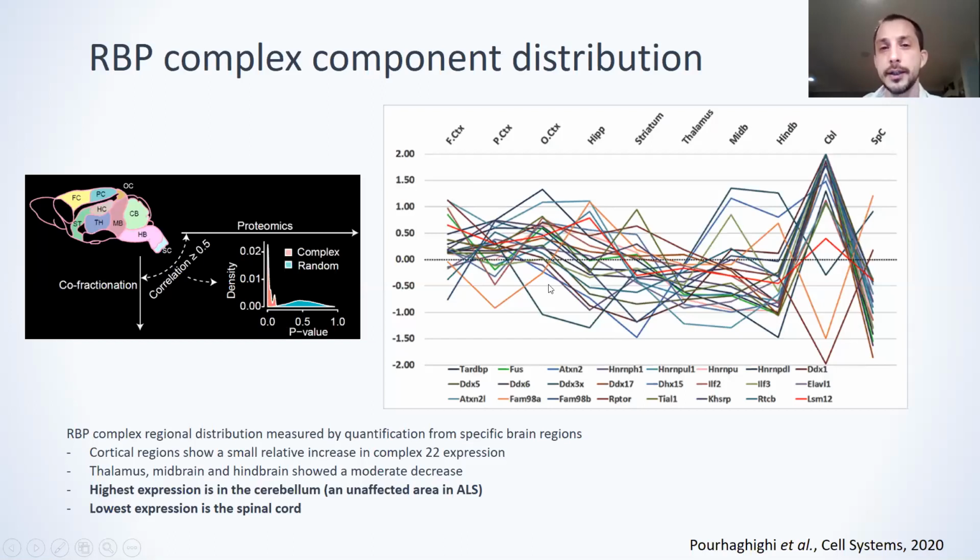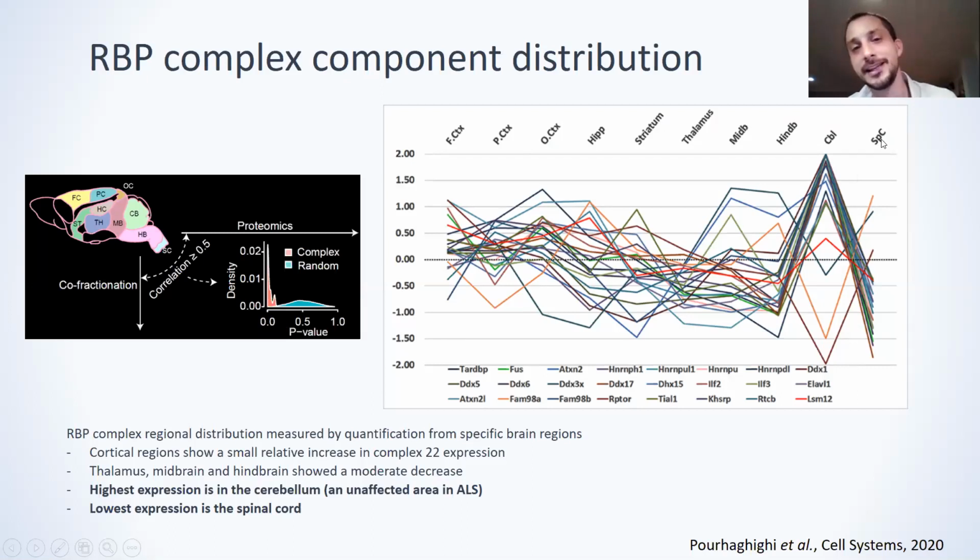I'm just going to focus on the complex 22. And you can see here all of the expression distribution of each of the proteins of complex 22 in the regions that we analyzed. What's really surprising is that complex 22, the proteins show highest expression in the cerebellum, which is an area that is unaffected in ALS.